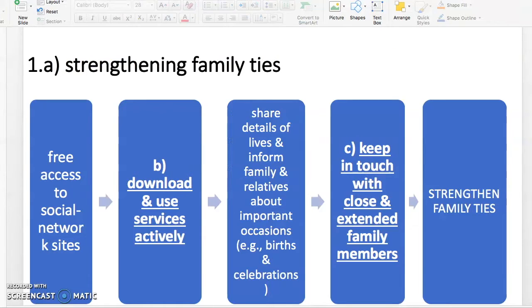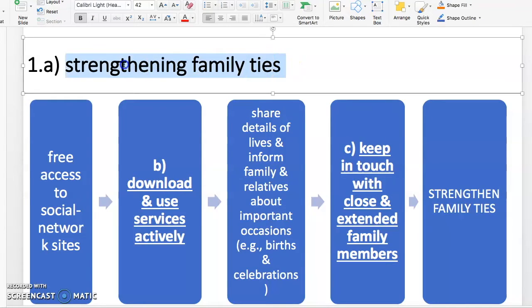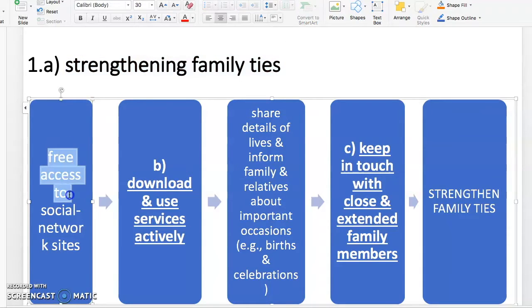The first positive effect of using social network sites was strengthening family ties, right? So how did the writer explain this major? People have free access to social network sites. So what does this lead to? They download and use services actively.